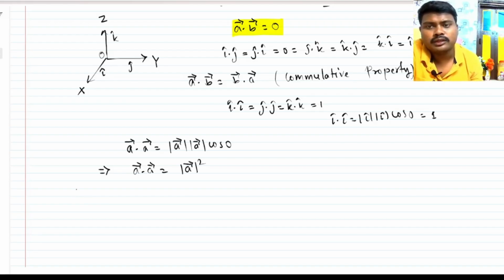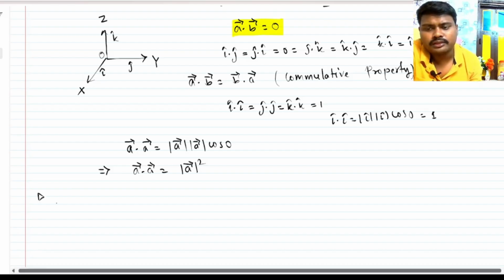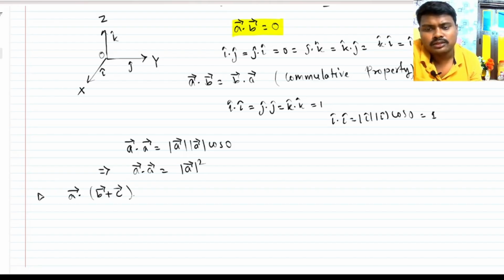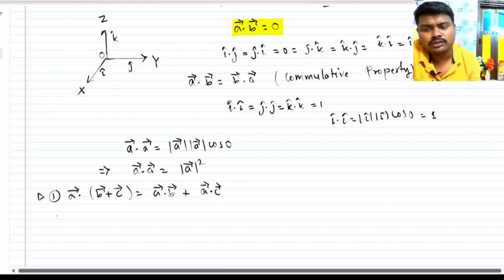Also, the dot product satisfies some distribution properties. For example, A dot B plus C is equal to A dot B plus A dot C. It is called the left distribution property.